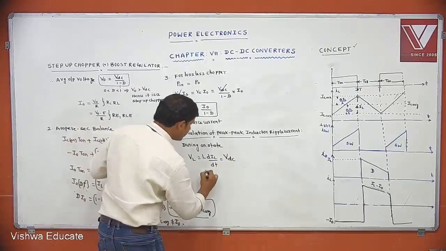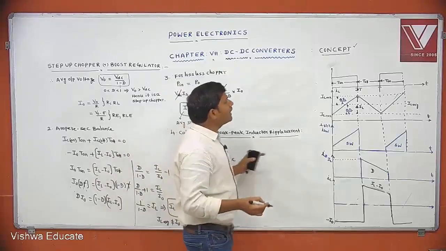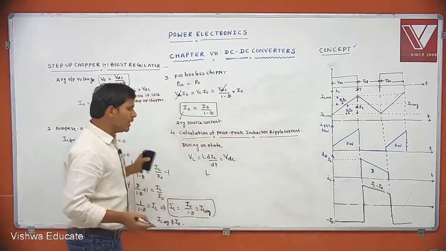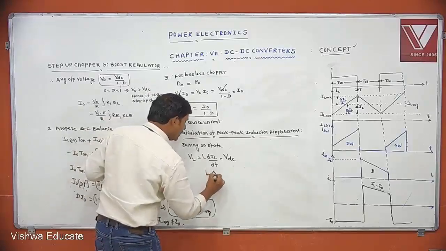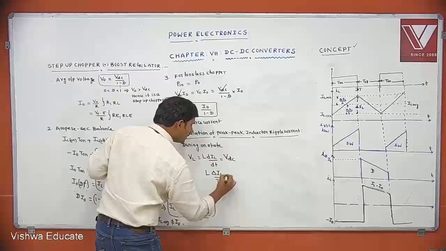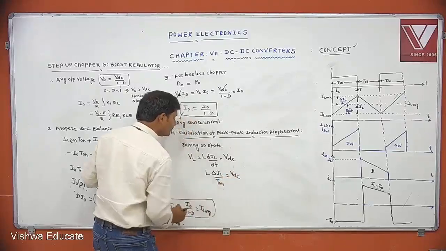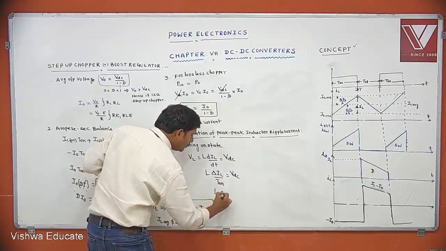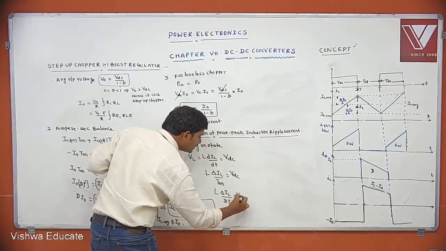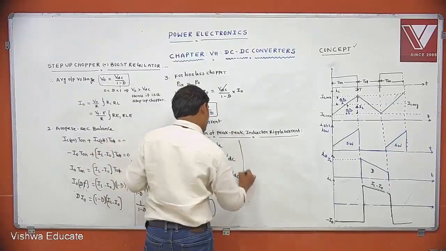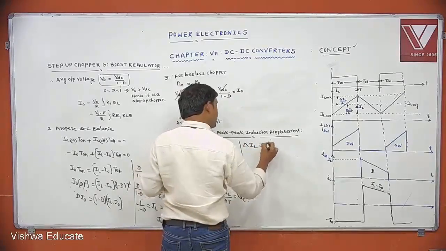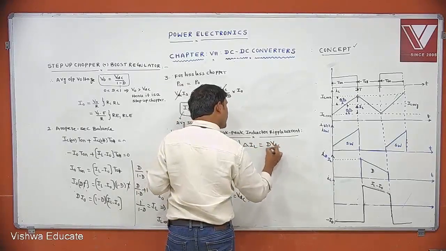During the on state, current is changing from minima to maxima, which means peak to peak ripple current. That is L into delta IL by T on is equal to VDC. Then L into delta IL is equal to T on into VDC. From this, delta IL equal to D VDC by f L.